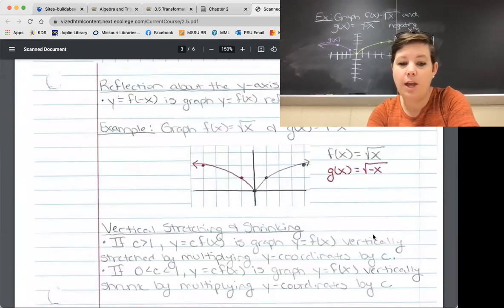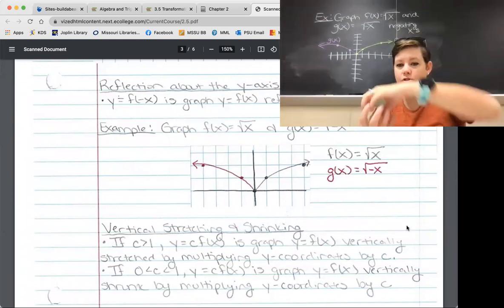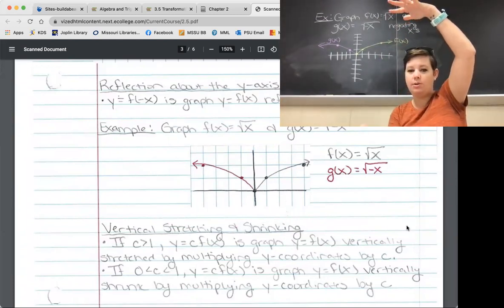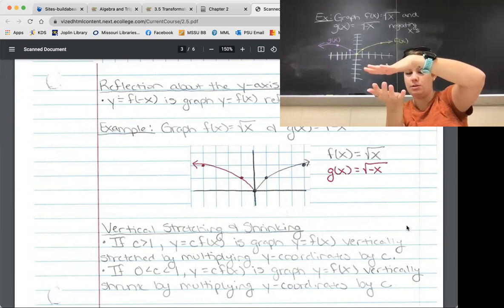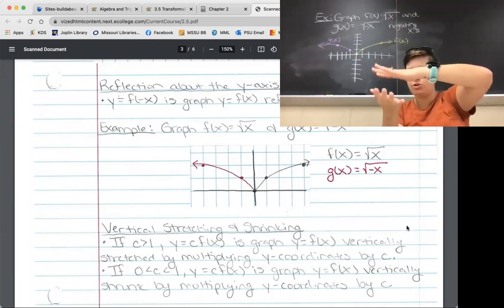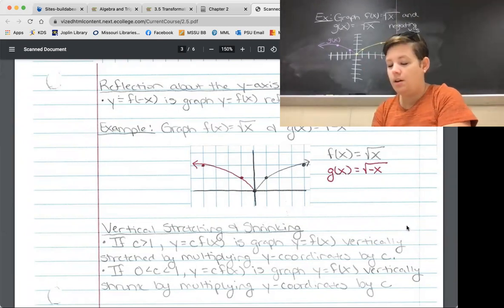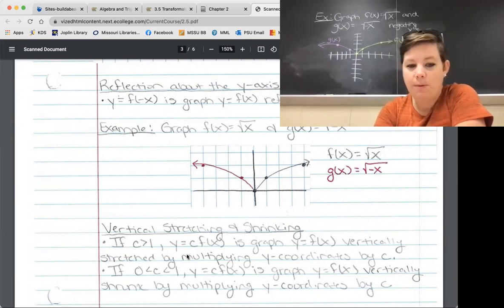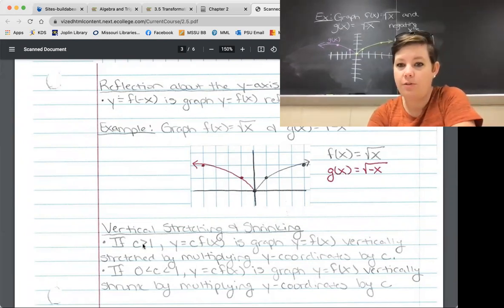Now we have vertical stretching and shrinking. So we're going to stretch this way, or we're going to compress or shrink this way. Stretch it or shrink it. This is where we have a constant out front of our function.